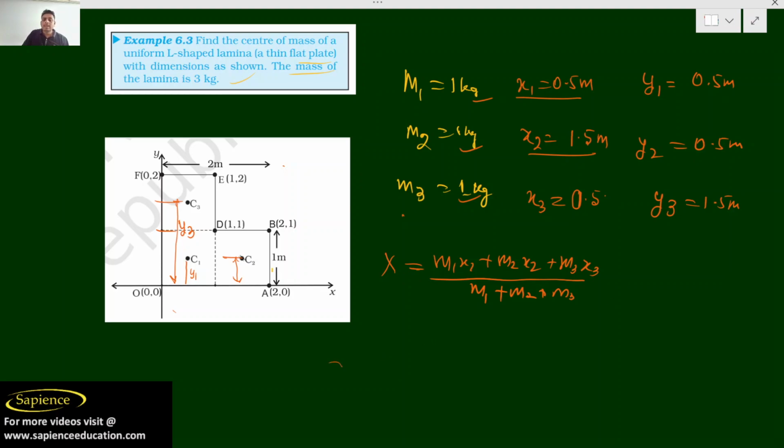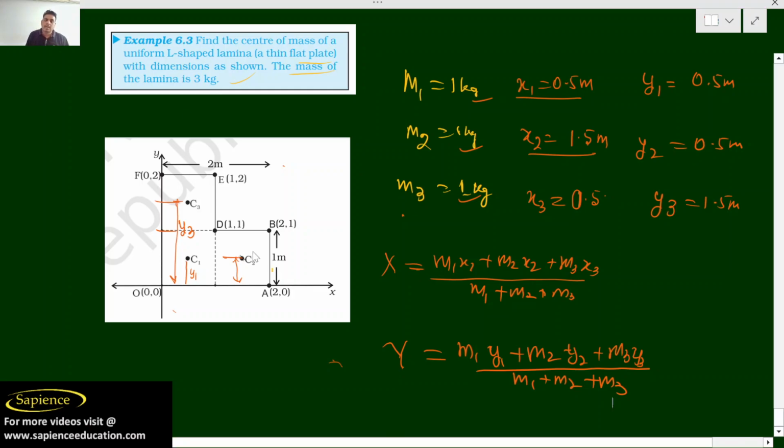Similarly, y is equal to m1 y1 plus m2 y2 plus m3 y3, divided by m1 plus m2 plus m3. In this way you will be able to find the center of mass of the whole lamina. This is the basic logic, and you have to apply your brain to divide the particles and find them.